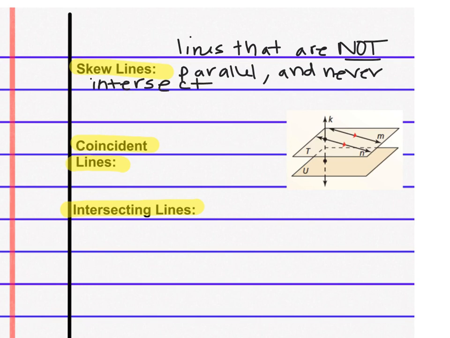All right, so if you look at this diagram right here, line K, I'm going to make that green. Line K is skew.